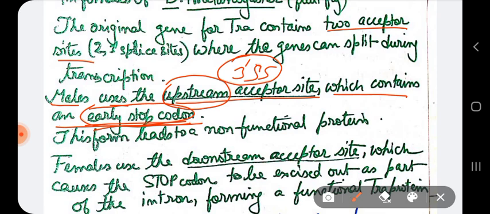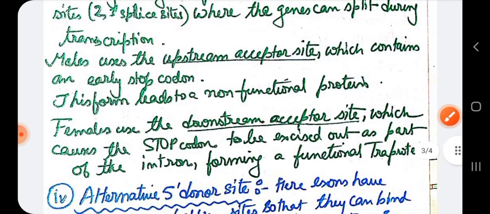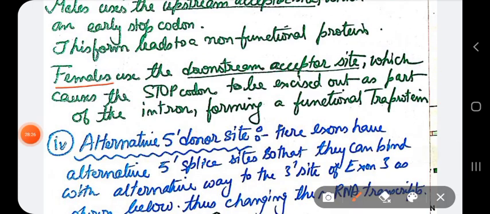So there is an early stop codon in that splice site, in that upstream acceptor site. That's why males will not code for that protein, and it forms a truncated or non-functional protein. Whereas in case of female, it uses the downstream acceptor site.